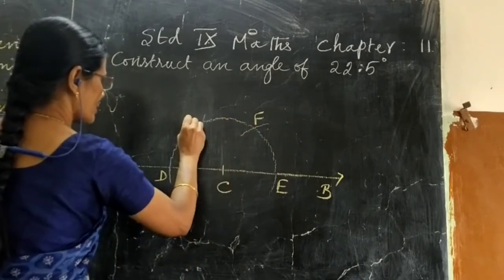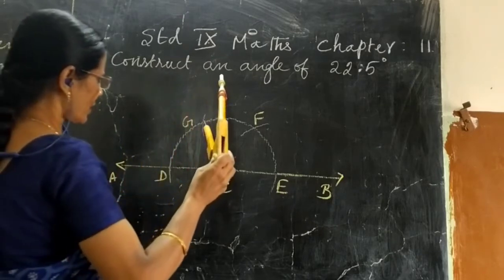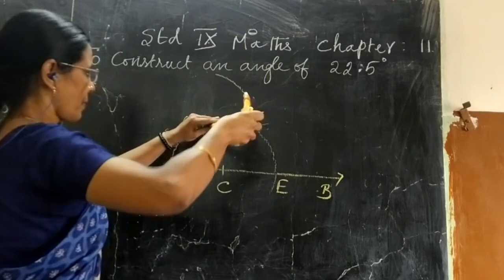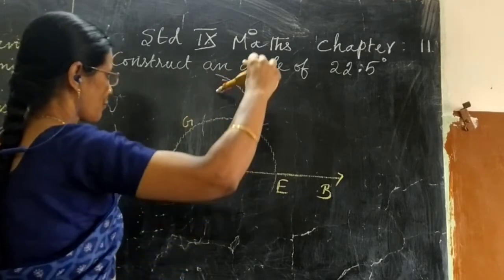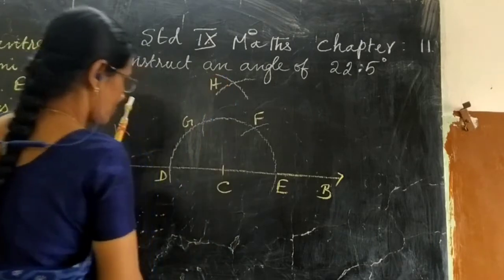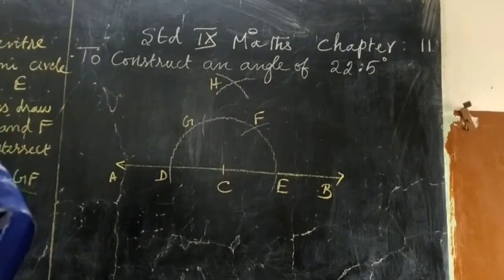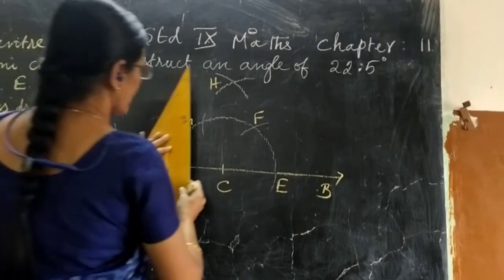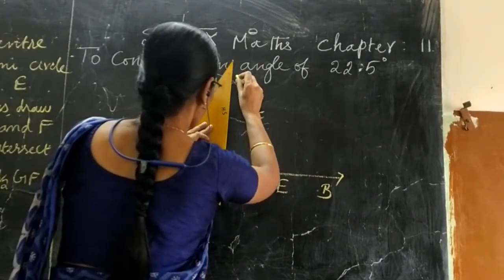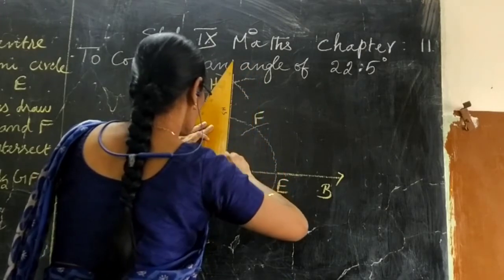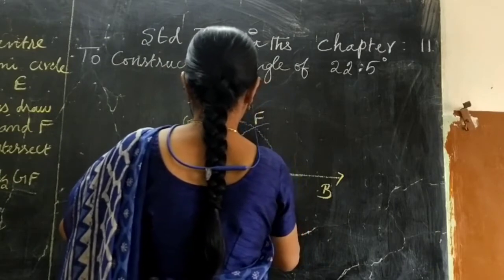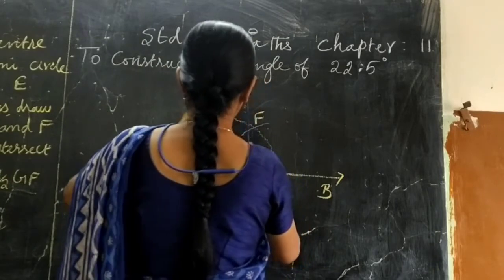The point is G. From G and F, arcs are drawn to intersect at the point H. Now we are going to draw ray CH.